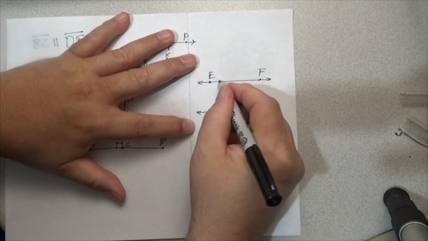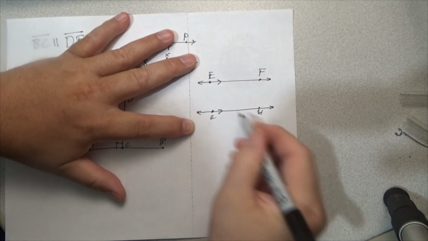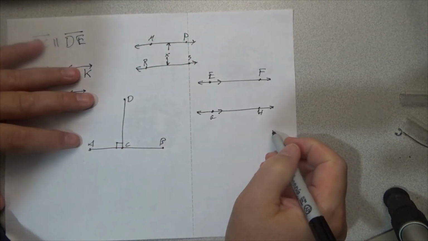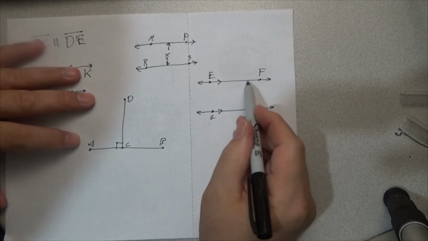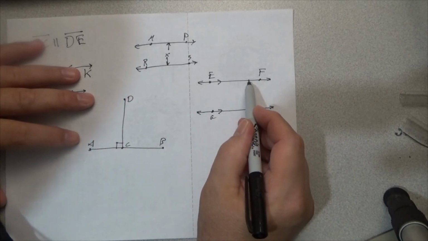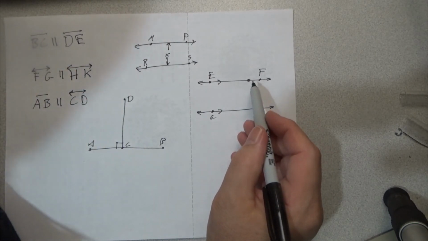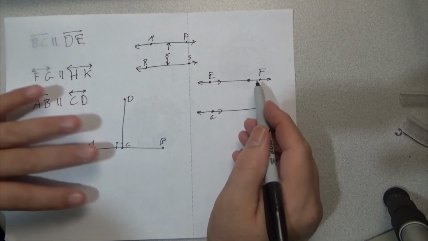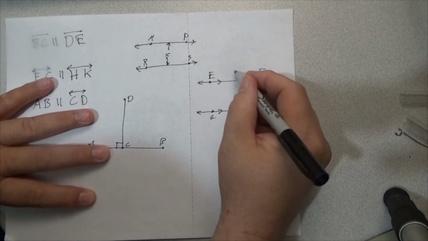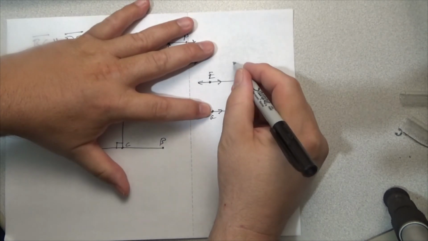GH, parallel, and EF, this one right here, is perpendicular to LM at point P. So I've got to draw LM in here.